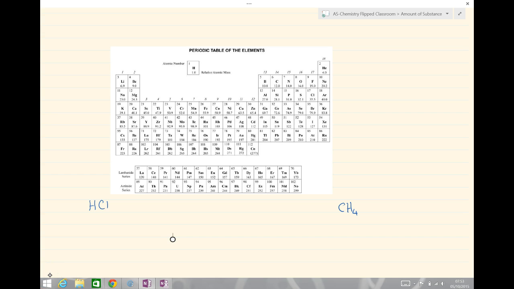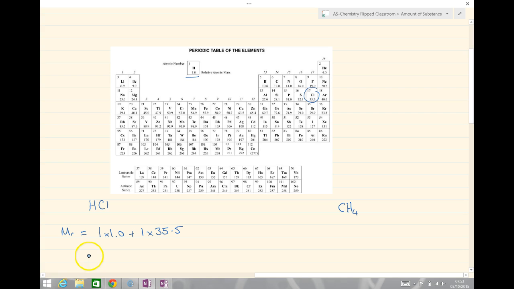Let's do hydrochloric acid first, HCl, and we've got one hydrogen atom, which has got a relative atomic mass of 1.0, and we have one chlorine atom, which has got an atomic mass of 35.5, so our Mr here is equal to 1 times 1.0 plus 1 times 35.5.